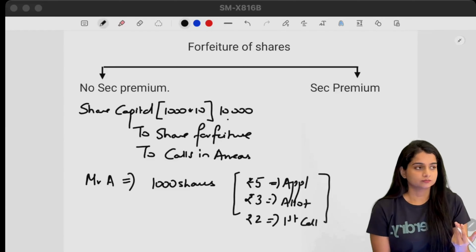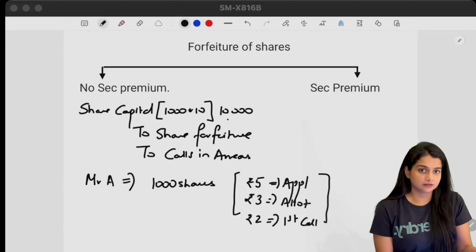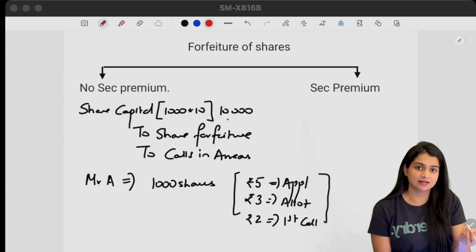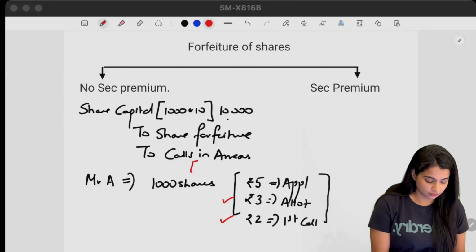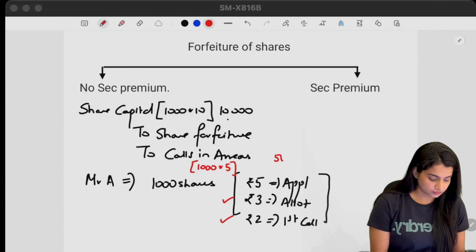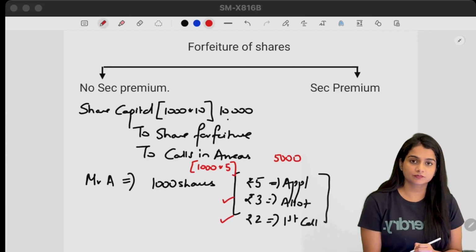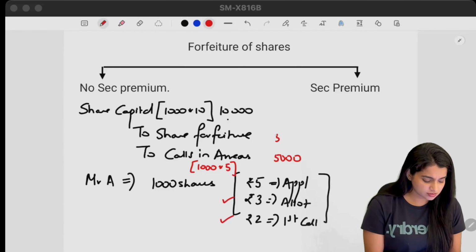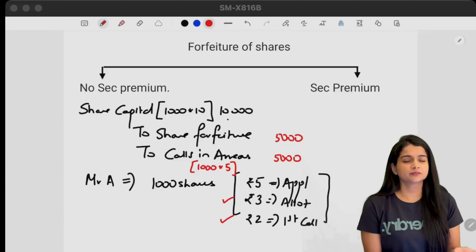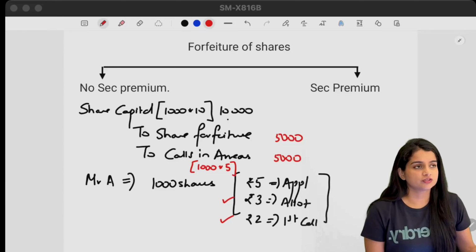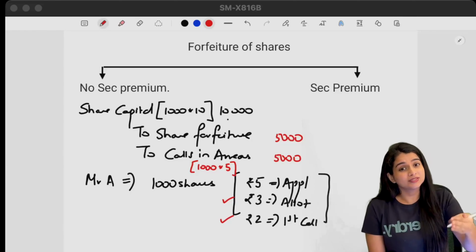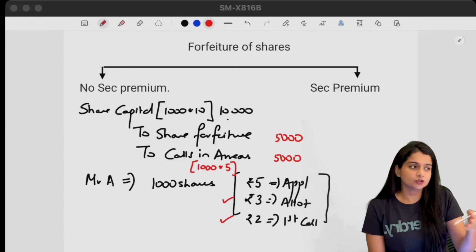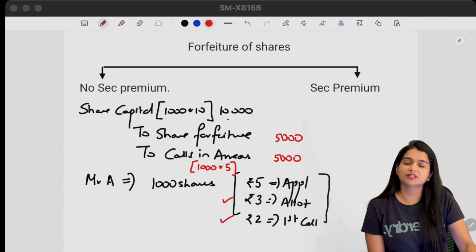Now, what is the amount of calls in arrears that he made? According to my example, it is 3 and 2. So here you will have 1000 into 5, which is 5000. And what remains goes in share forfeiture. Share forfeiture basically represents the amount the company has got, and calls in arrears represents the amount the company has not got.